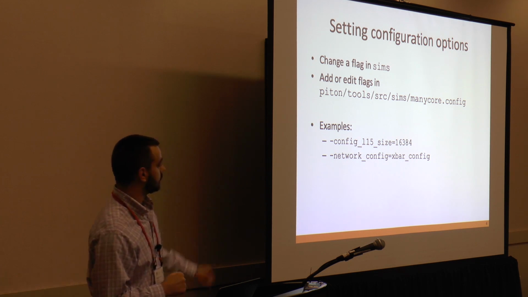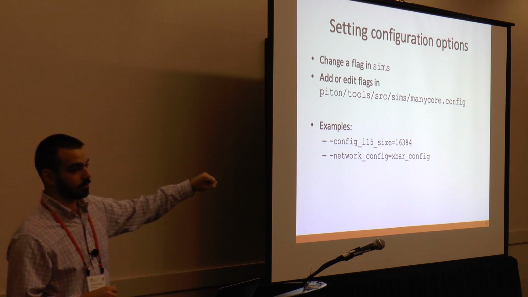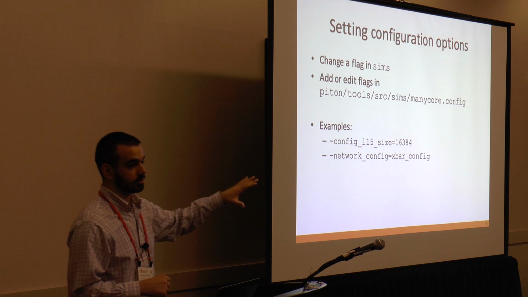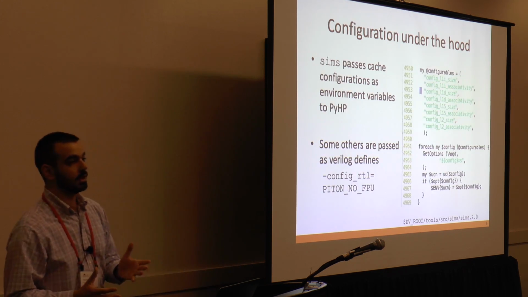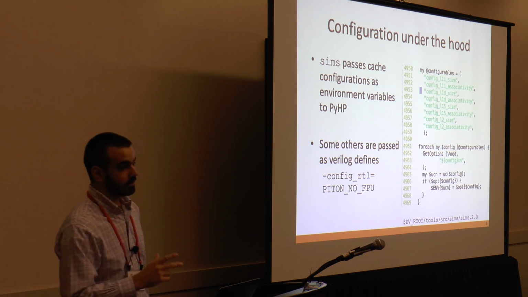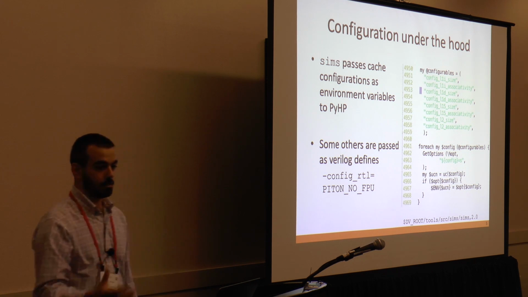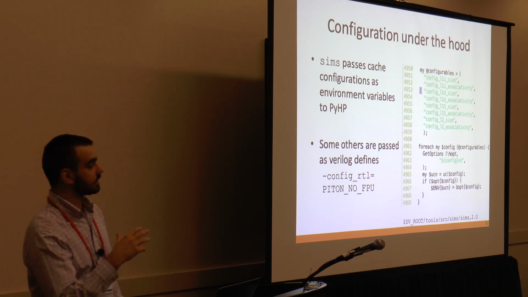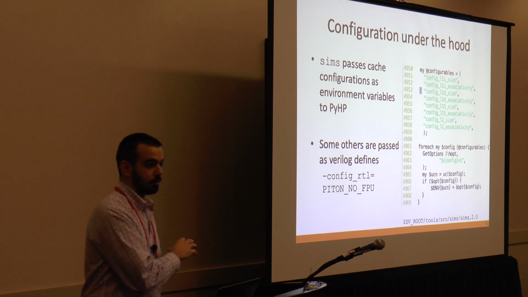Examples of configuration you can see down here. So it's dustconfig_L15_size, which will change the L15 cache size to what you want compared to the default one. So configuration in OpenPiton happens in two ways. One is that the sims tool takes the command line input and exports it as environment variables, and that is when caches are involved.